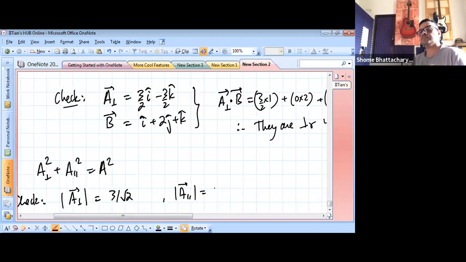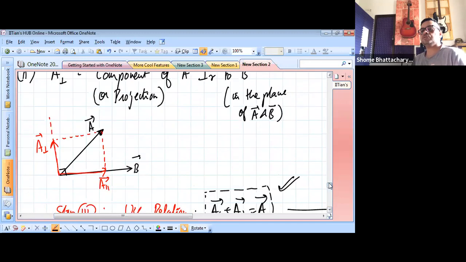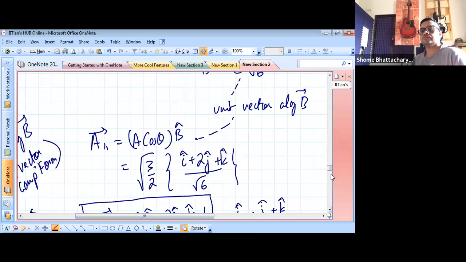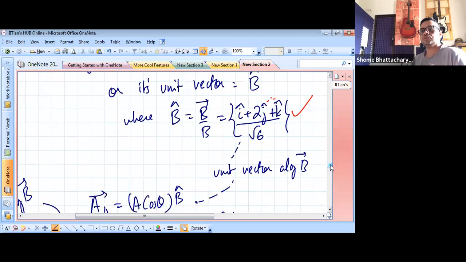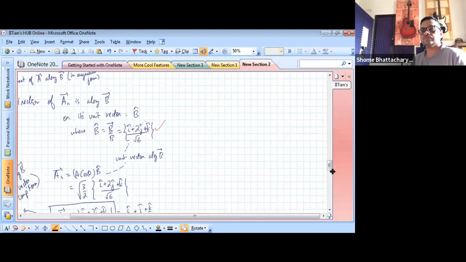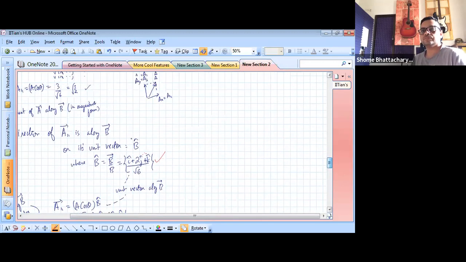It was 3, no? A cos theta earlier. Let's go back inside. Yeah, so a cos theta. Oh, sorry. Just check, it was root 3 by 2. Yeah, root 3 by 2.